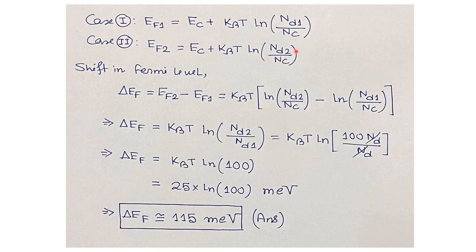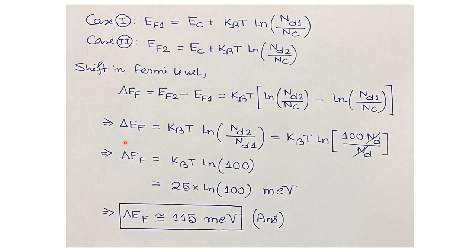Here Nd2 is 100 times Nd1. So the shift in Fermi level due to the increase in doping concentration by 100 times, del EF, is given by EF2 minus EF1, which is kBT times ln of Nd2 by Nc minus ln of Nd1 by Nc.